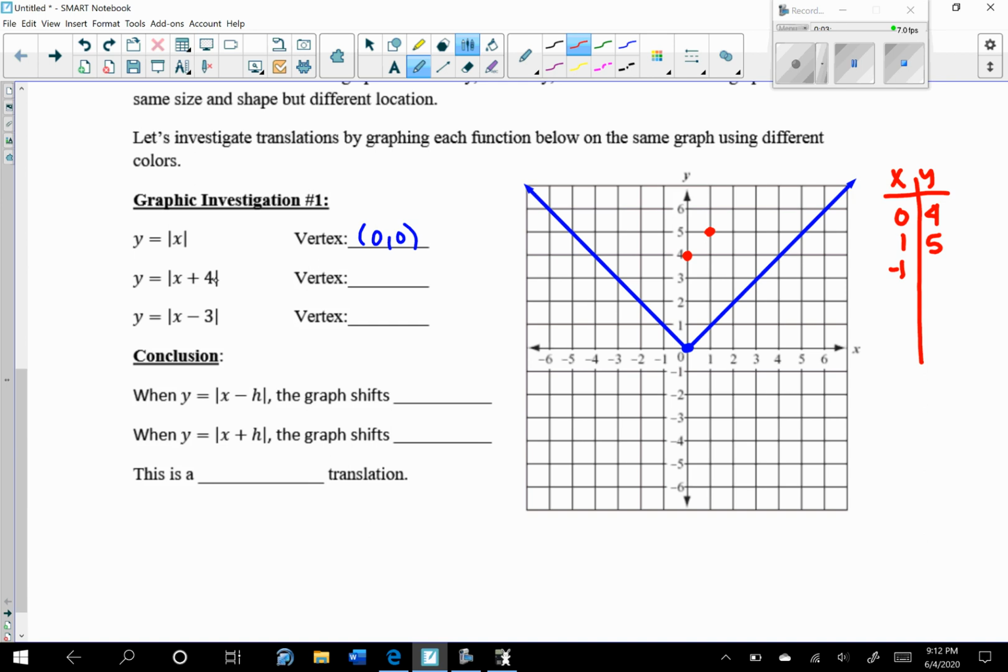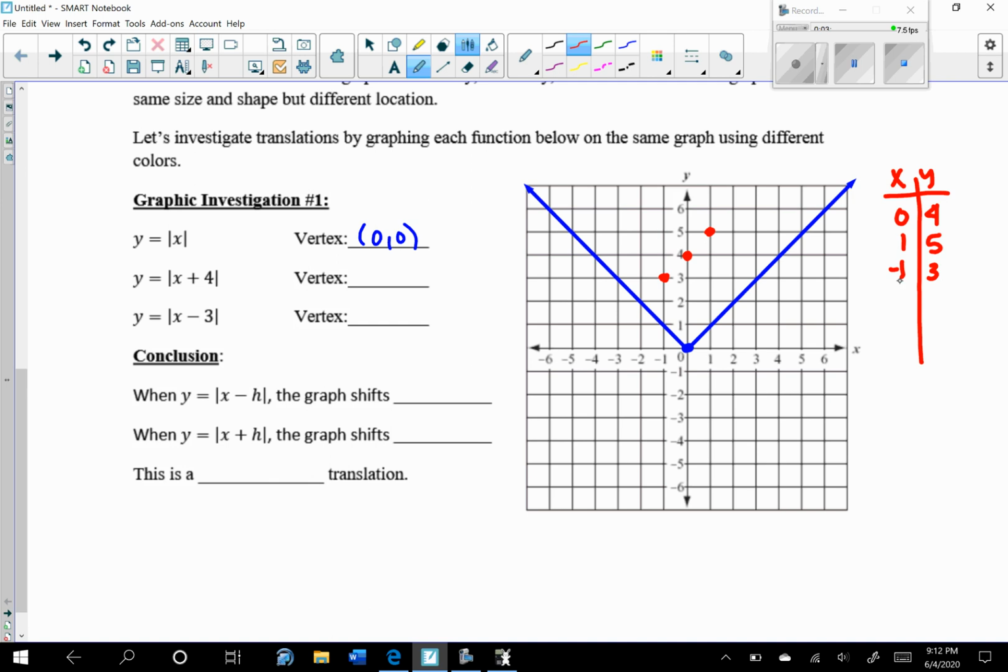The absolute value of 3 is 3. So notice that that did not go up to 5 here. So that means that 0, 4 is not our vertex because again, it has to make a V shape. And so since this point went down, we know that this cannot be the vertex. If it would have been here at negative 1, 5, then it would have been the vertex.